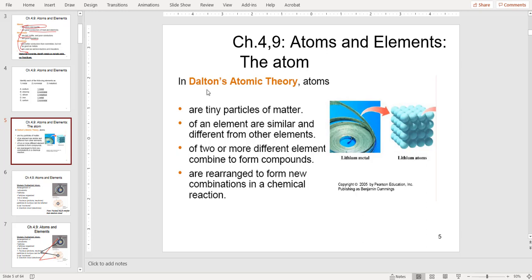So this is from a historical vantage point. He reasoned out that all substances are made up of tiny particles that he called atoms.